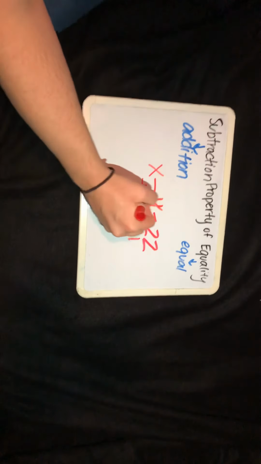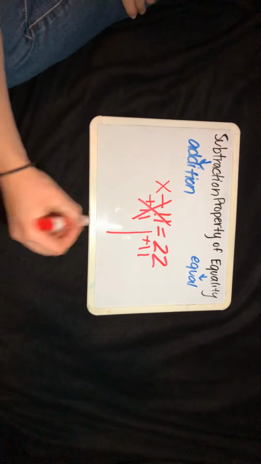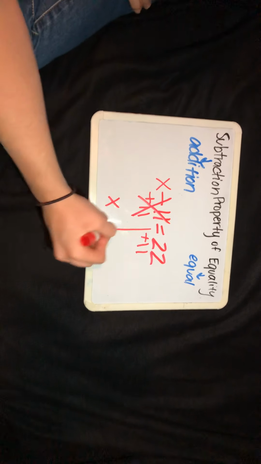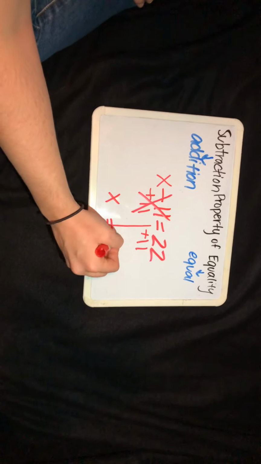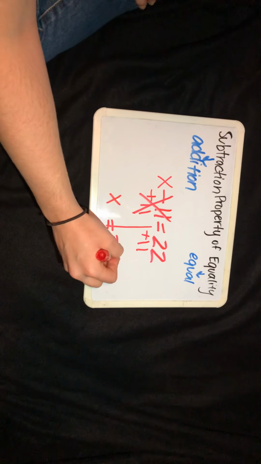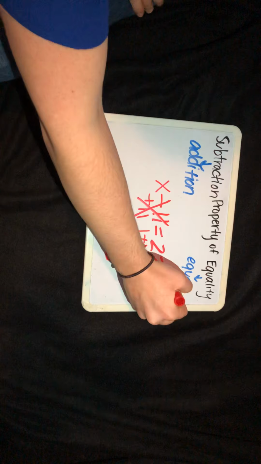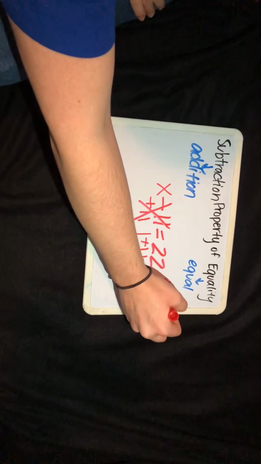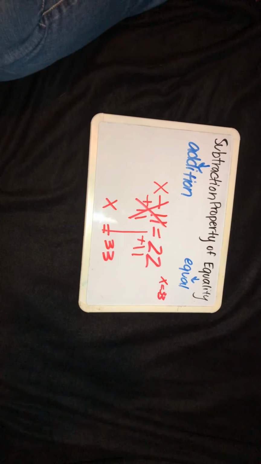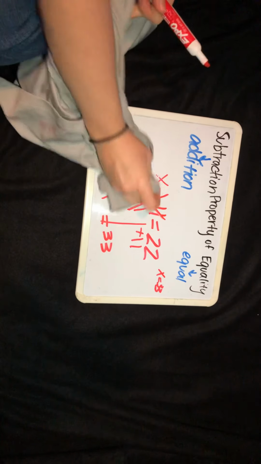So I cross this off because it becomes 0, and I'm left with x equals 33. So I put x equals 33 to the side. I erase my problem, and I'm going to do my check to make sure that all my work is done correctly. I didn't make any mistakes.